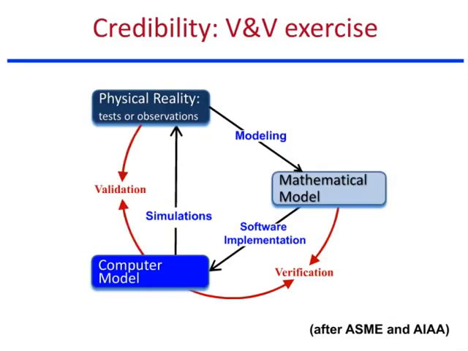A computer model is often obtained first by developing a mathematical model based on observations, and then the credibility of this model is established through an exercise of verification and validation. Verification is to make sure that the mathematical and computer models are consistent. Validation is to make sure that the computer model reflects reality and is consistent with experimental data from tests and observations.